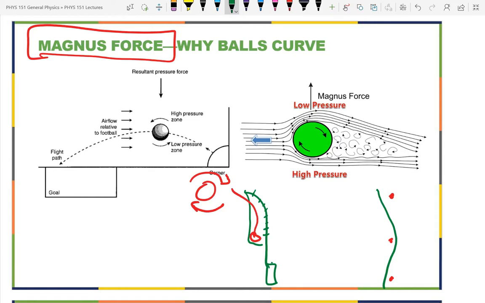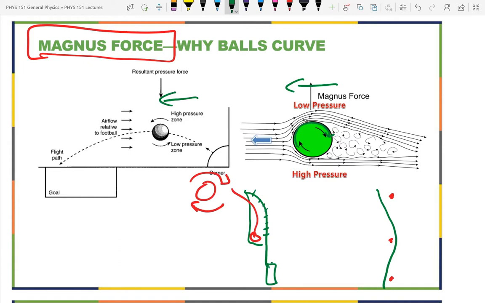So here's what's going on. You throw that ball with a spin. In both of these pictures, the ball is traveling this direction. Because of that spin, this is pulling the air up and over. So you have more air going over, less air going under. It's just like when I had the blow dryer with that ping pong ball. The air is not evenly going around it.